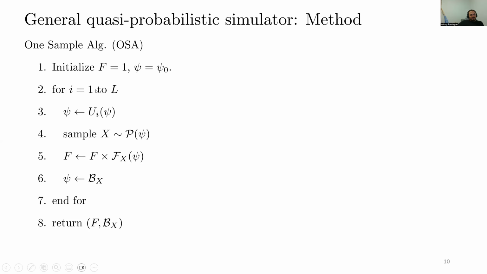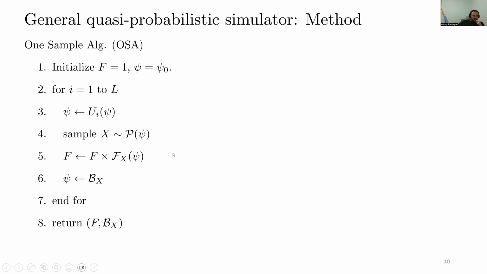Then for each of the unitaries we're going to apply, from 1 to L, the last one, we do the following. We take our state, apply the unitary to it, and get a new state. Then we sample a phase point based on the probability distribution constructed on that current state.